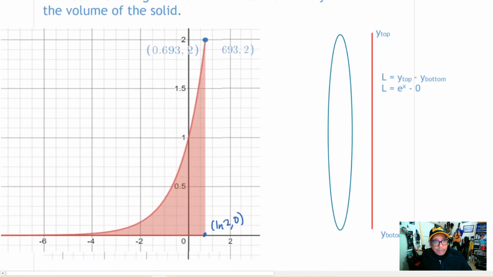Well, looking back here, the length is the diameter of the circle. So the radius is going to be half of that diameter. And since the diameter is the same thing as L, the radius is 1/2 of L. So that radius is e to the x over 2.